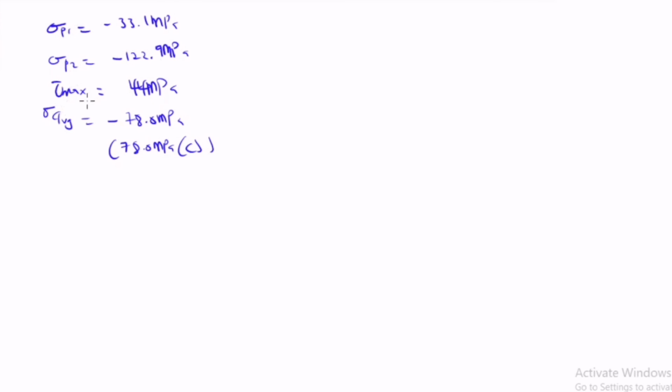Our maximum in-plane shear stress was 44 megapascal, and the average normal stress was negative 78.0 megapascal. For you to write it in a positive way, it means that's 78.0, and it is in compression. Now we should find the principal angle.